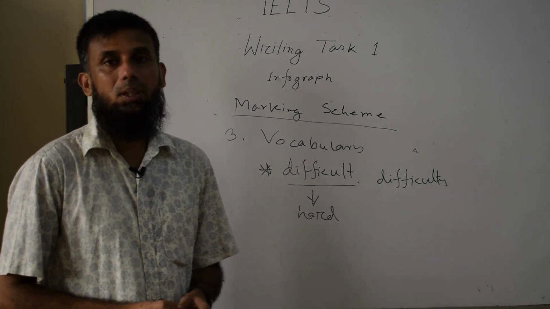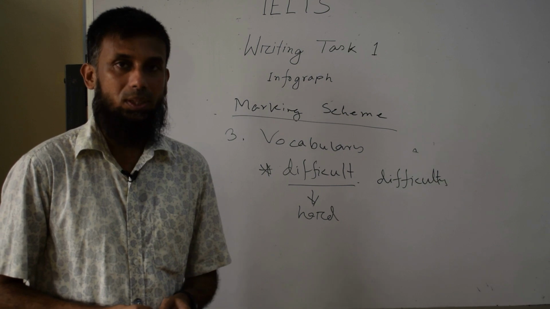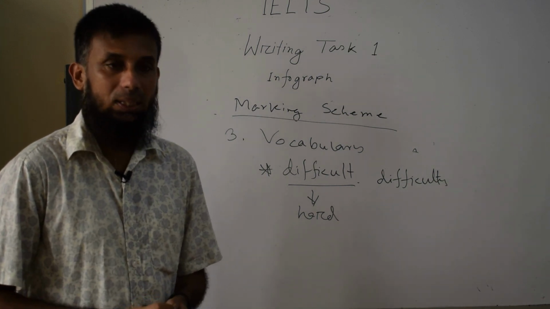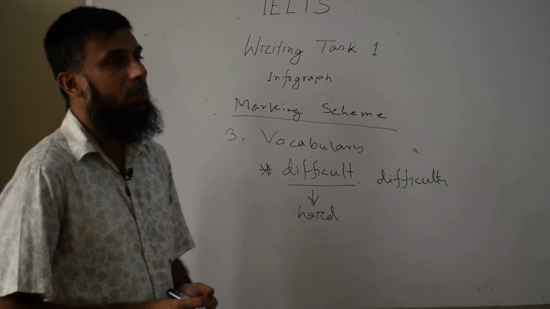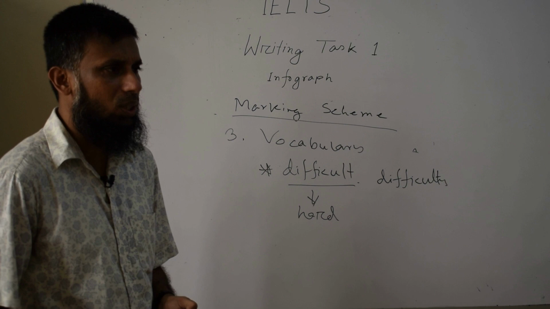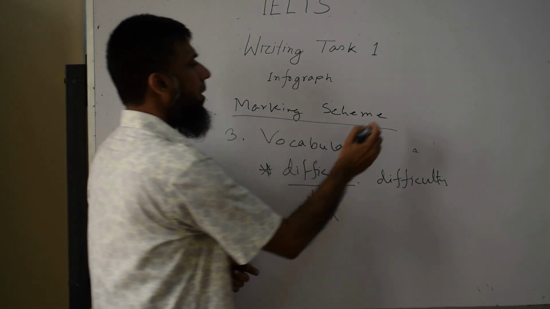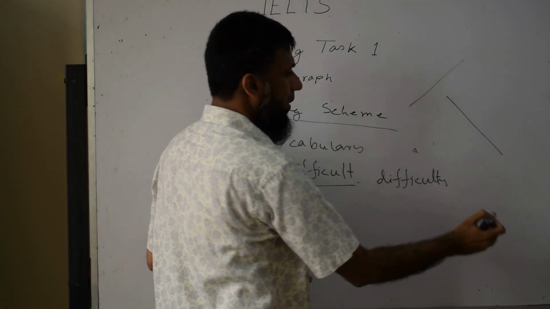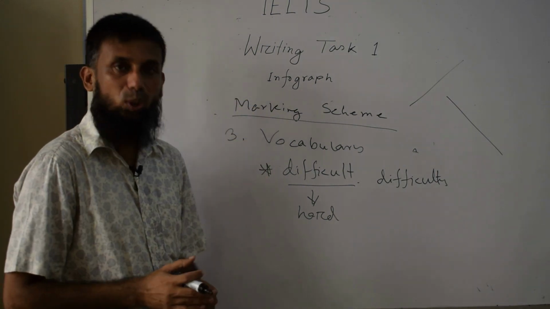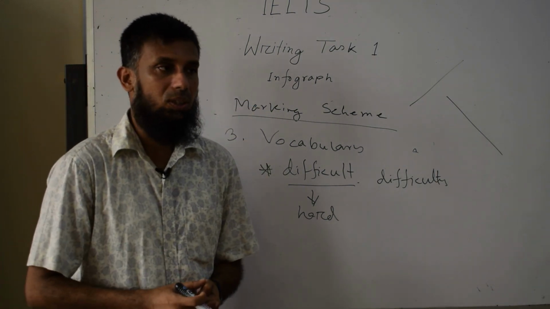Regarding vocabulary, you can have some specific choices because there are some words which frequently occur in this type of writing. For example, there are some possible adjectives like gradual, modest, sharp, rising and falling or declining. It can be significant, it can be moderate, it can be important. These are adjectives.